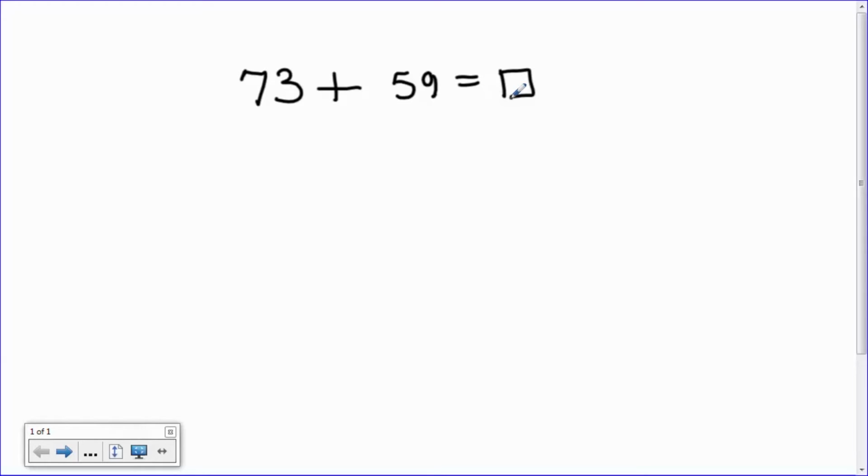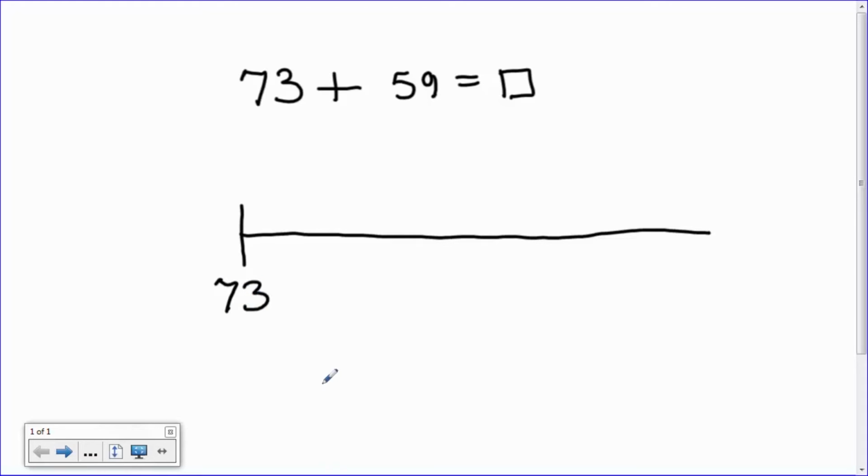The two numbers we're looking at on our smart board are 73 plus 59. 73 is the larger of the two numbers, so I'm going to look at a number line and start with, of course, the larger number, 73. Then I start adding to the 73 portions of 59 that are easy for me to add.